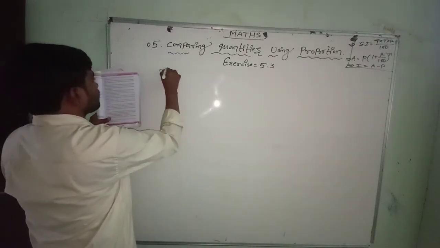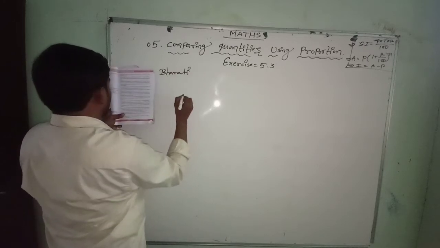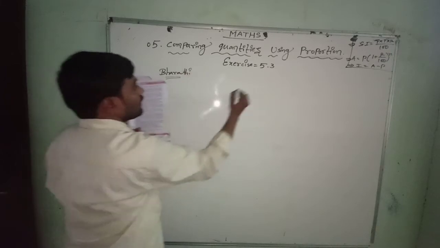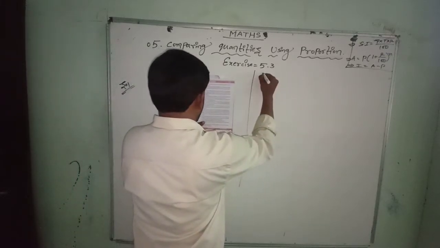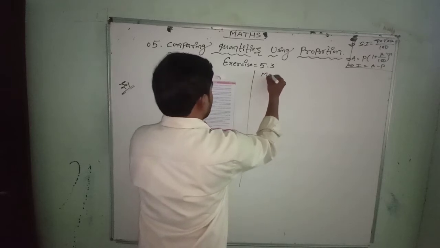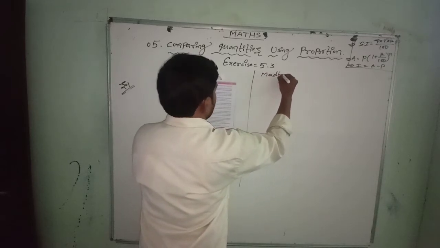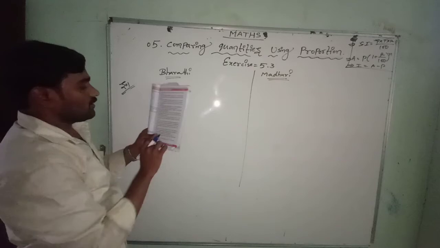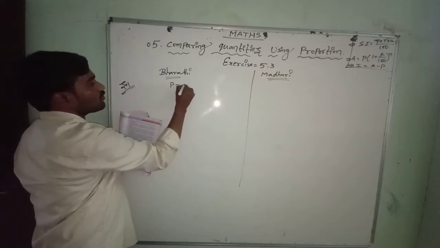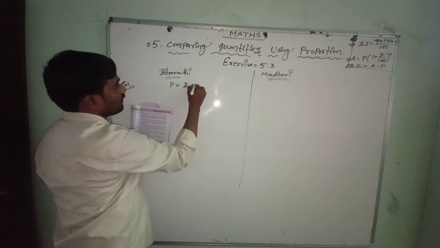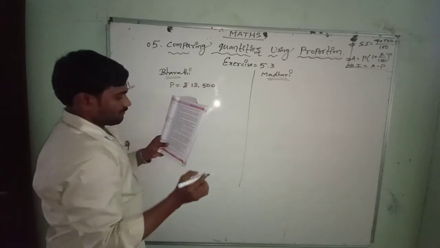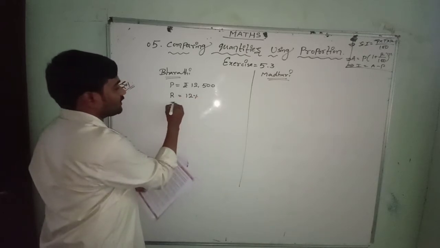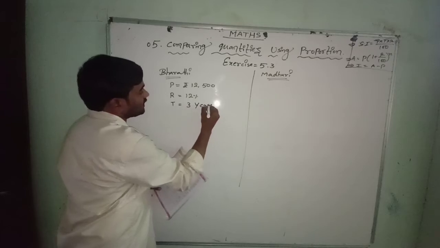One is Bharati, the other one is Madhuri. So let us see. Bharati takes the amount rupees 12,500 at the rate of R equal to 12%, for time T equal to 3 years.